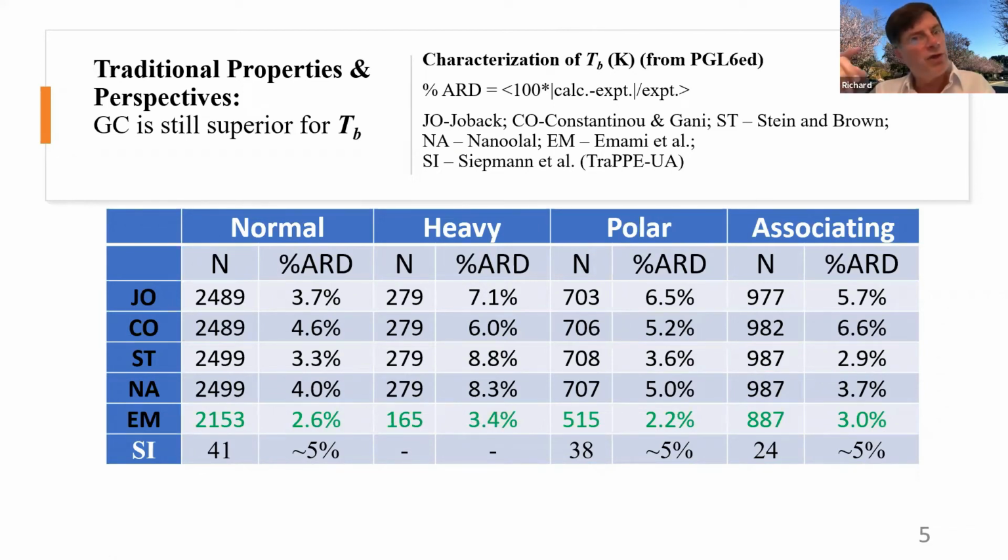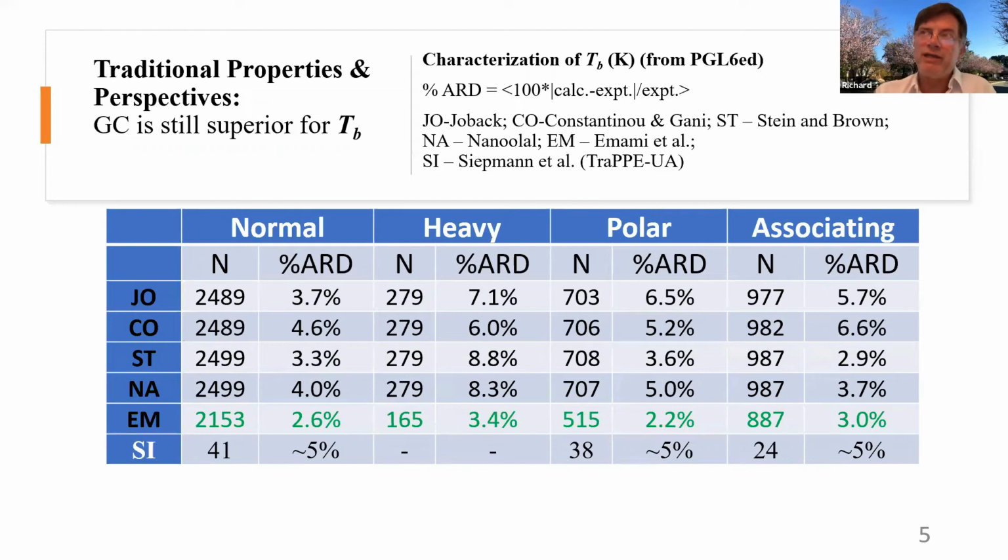But he had 30,000 parameters in his correlation, and there were only like 3,000 data in there. So he had 10 times more parameters than he had data. I found that confusing, but that's the nature of these machine learning methods.